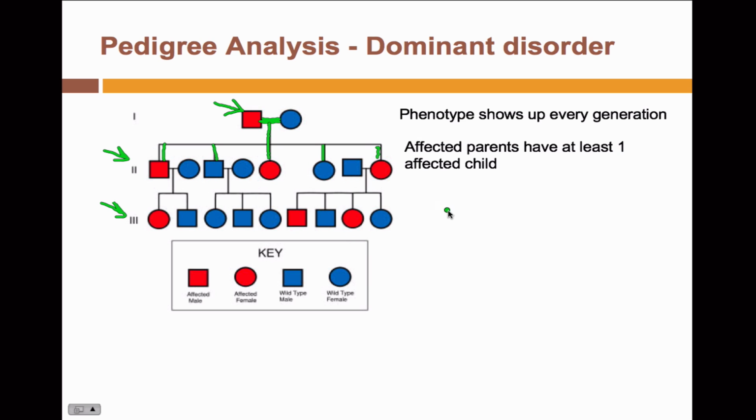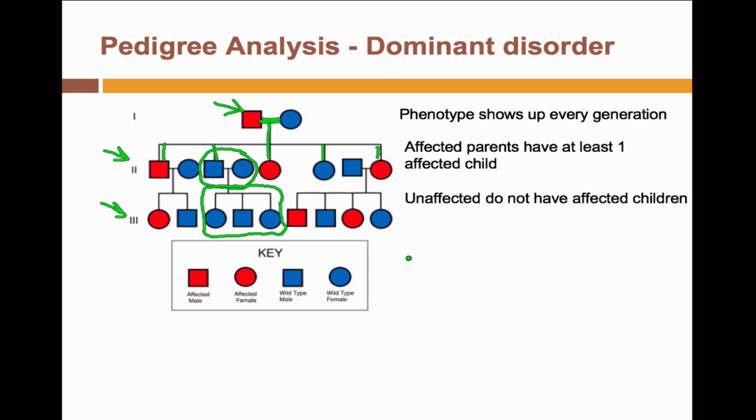All right, and then another thing that we know is that unaffected children do not have affected children. So if you look here, this unaffected child from these parents, all 3 of their children are unaffected by that disorder. So those are some of the keys that we can come up with when we're looking at a chart like this.